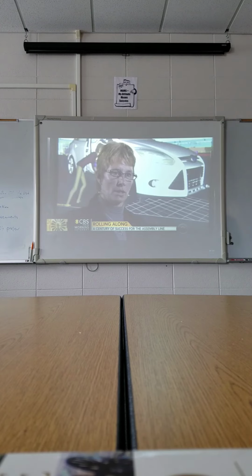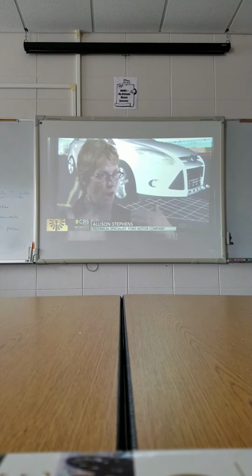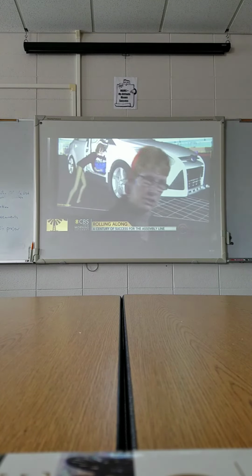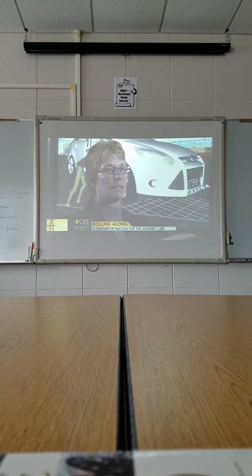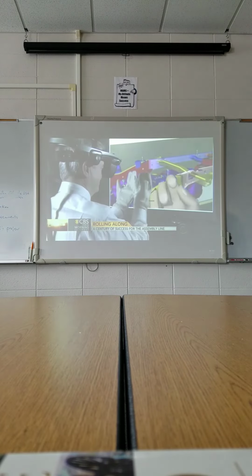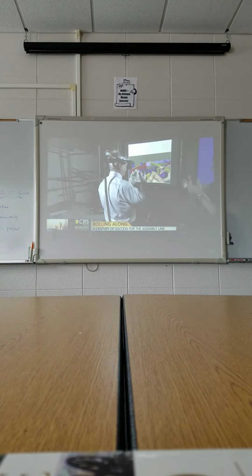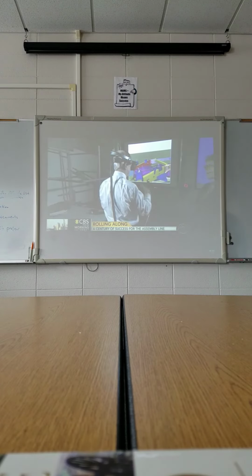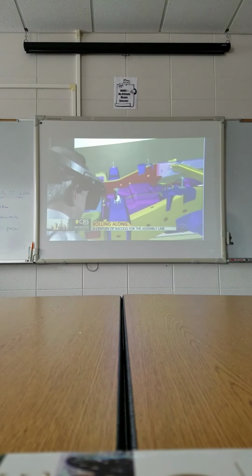To build a quality car, you have to be able to have your operator be able to do it efficiently and to do it injury-free. Allison Stevens is a technical specialist at Ford's Ergonomic Lab. And you now are seeing 3D, and you are inside the computer looking at the design of one of our vehicles.